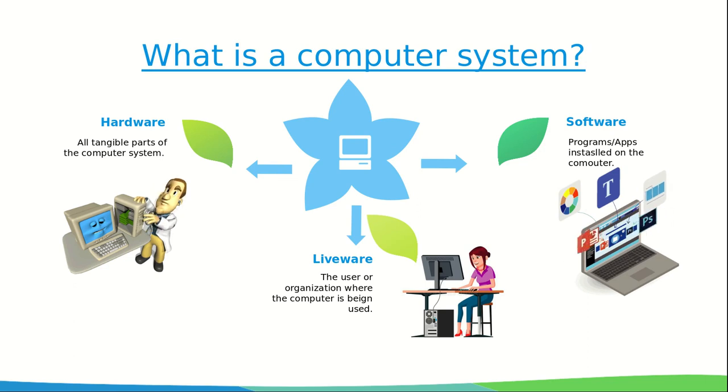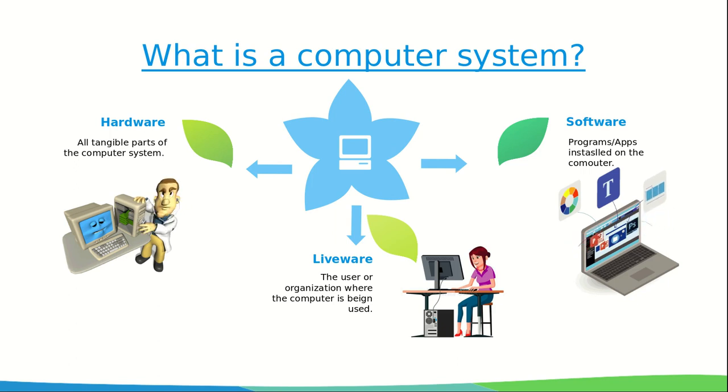A computer system can be defined as a collection of entities that work together to process and manage information using computers. I'll come again. It refers to a collection of entities that work together to process and manage information using computers.